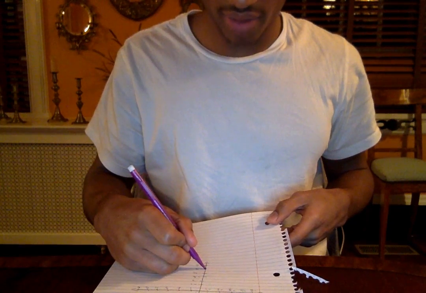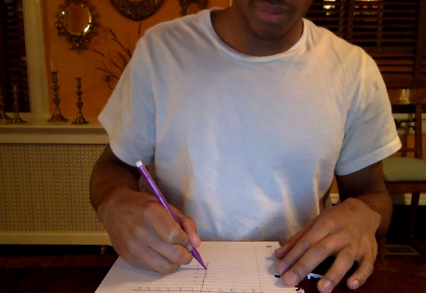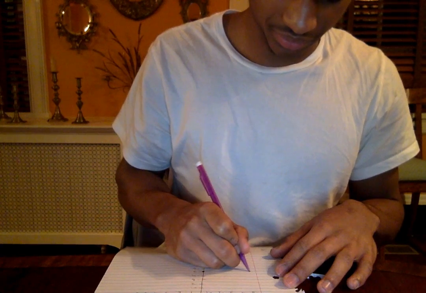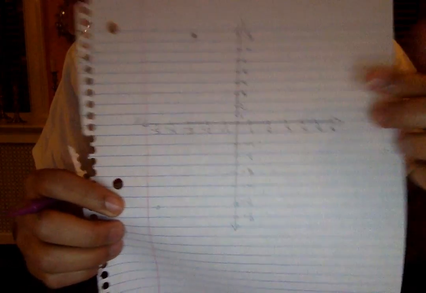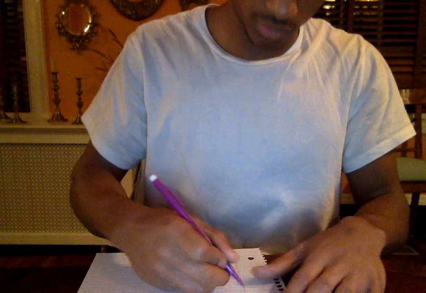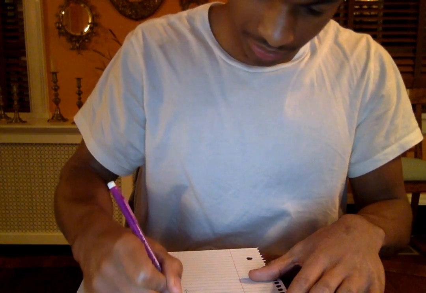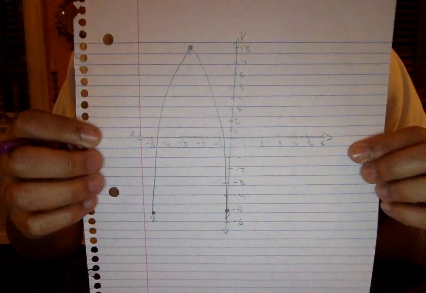So if it's negative 5 over here, if it's 0, negative 5 over here, we're going to make the other side negative 5. And again, the reason we're doing this is so that it mirrors the first half of the parabola. And we're going to graph it. Just draw our lines. Like an arrow going down. And finally, it should look like that.